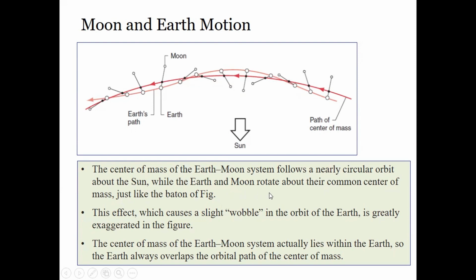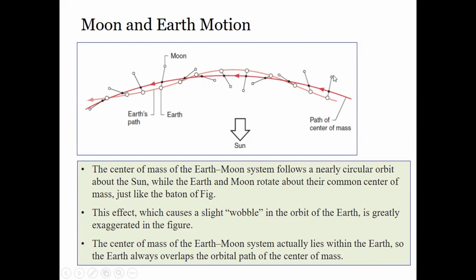While the Earth and the Moon are rotating about their common center of mass, just like a baton, the effect is really causing a slight wobble in the orbit of the Earth. In this figure, this wobbling of the Earth about the orbit is really exaggerated.